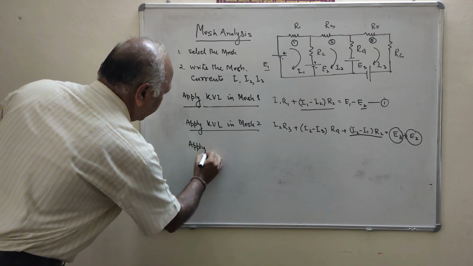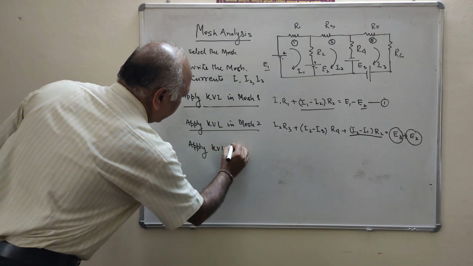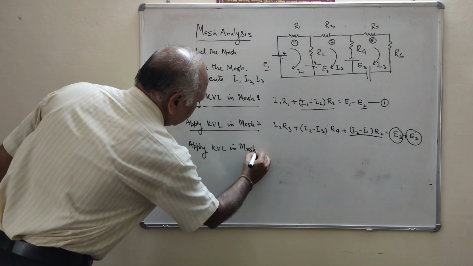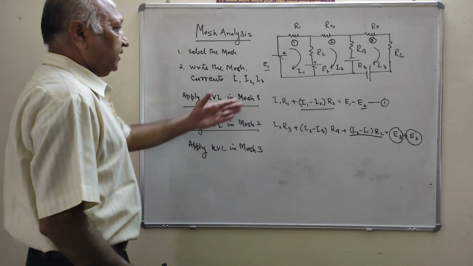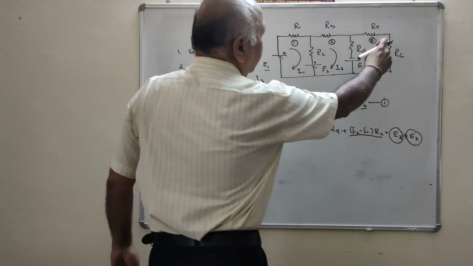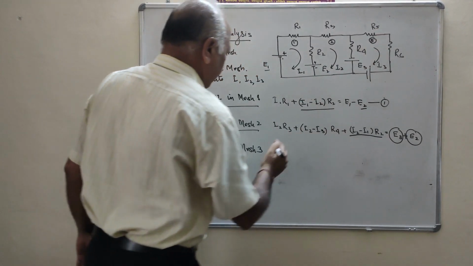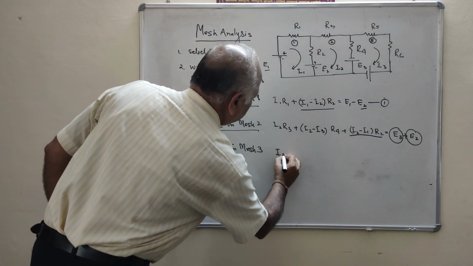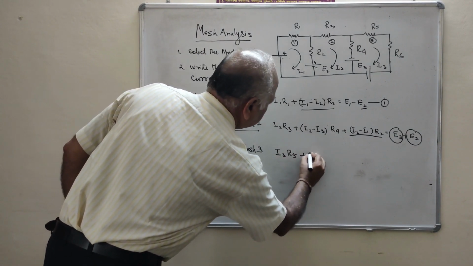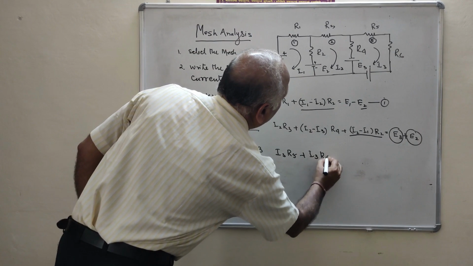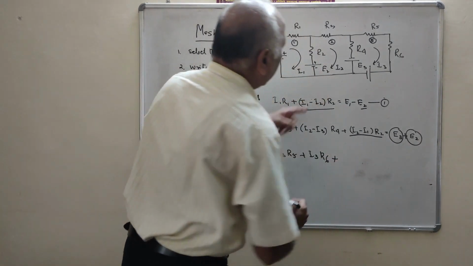Apply KVL in mesh 3. Look carefully, in mesh 3, what is the current in R5? That is I3, and it will be I3 R5 plus I3 into R6 plus, what is the drop?